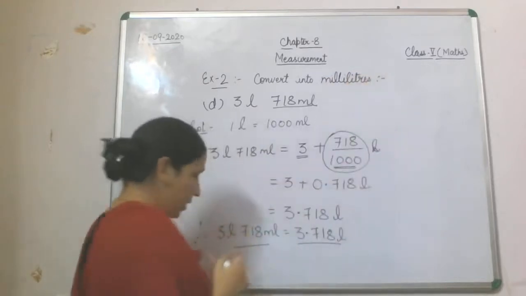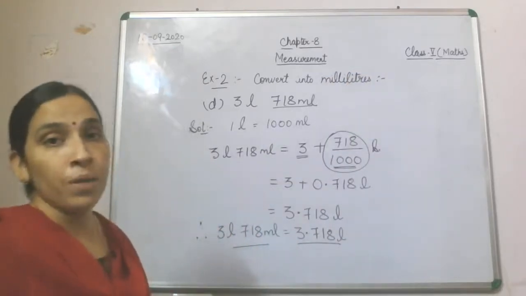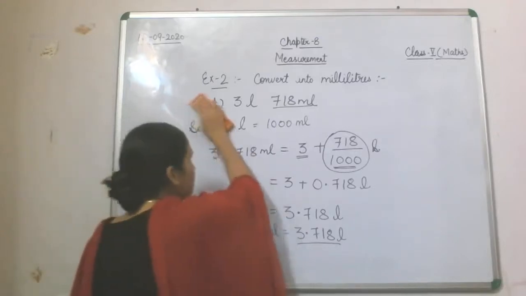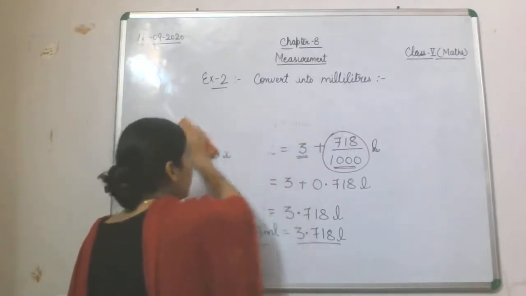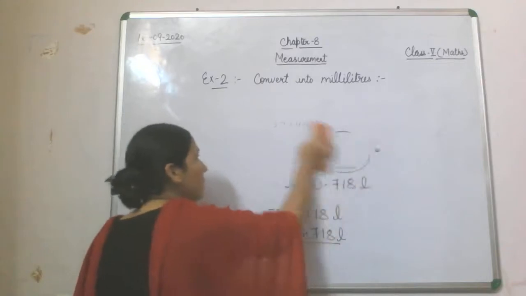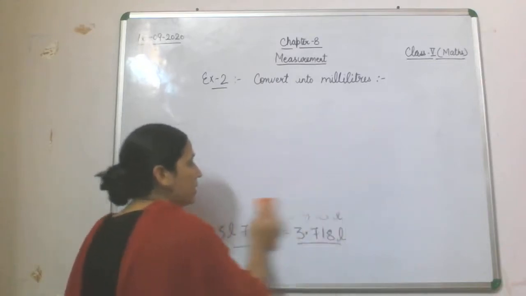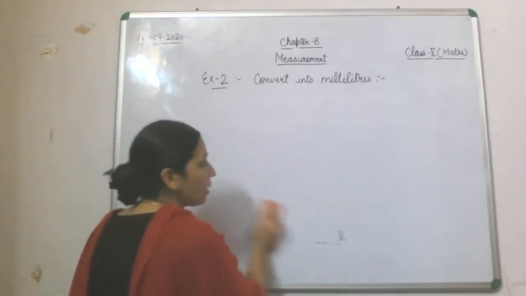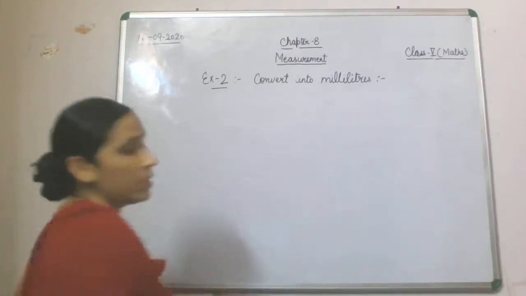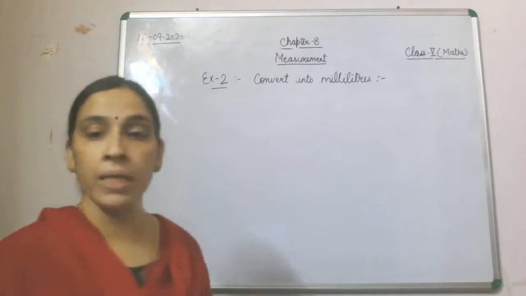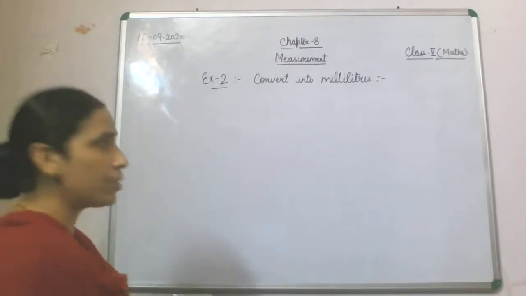Now this question is related to converting a bigger unit into a smaller unit. It means we are going to convert liter into milliliter. So how will we do it?